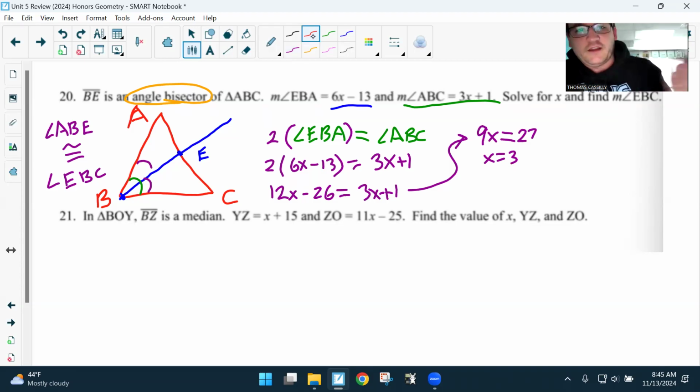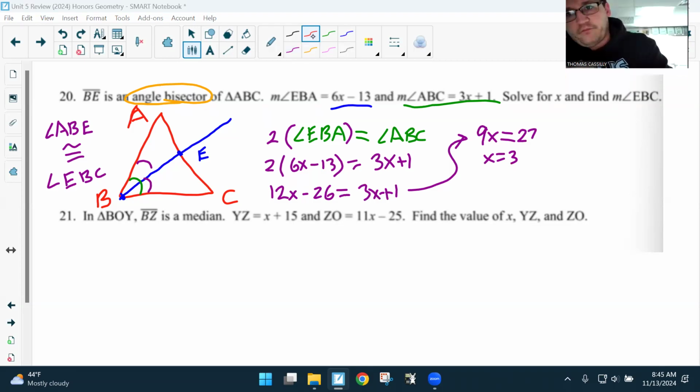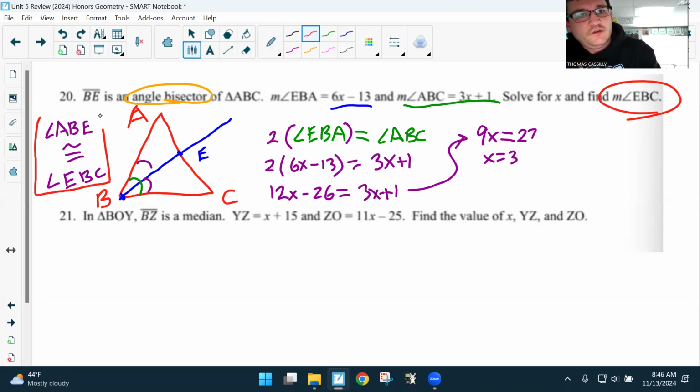If you end here, I have to take off a point because we want to find angle EBC. Notice how angle EBC is congruent to angle ABE, or ABE is the same thing as EBA. So let's just plug x into this expression right here.